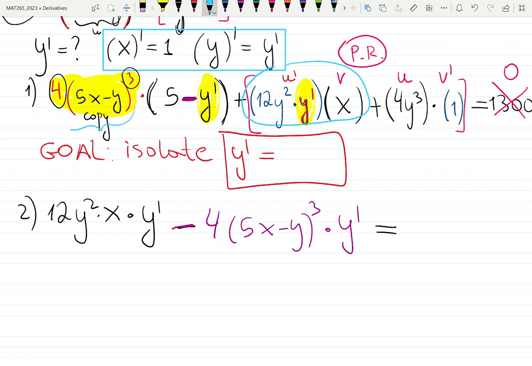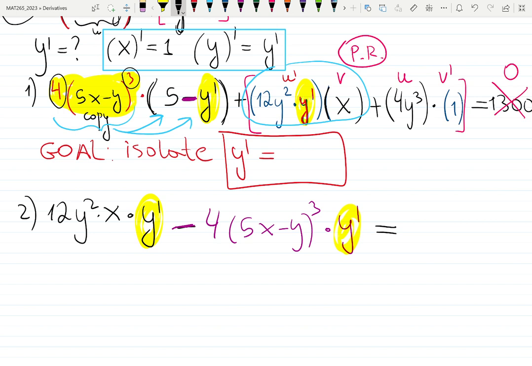I'm taking this piece and multiplying by 5 and multiplying by minus y prime. And I'm keeping the y prime on the left-hand side because that's what I want. I'm hunting for pieces that are attached to y prime. Does it make sense? Everything else is garbage. Move it to the right. Garbage means we only need it at the very end. Those are not derivatives. Move them to the right.